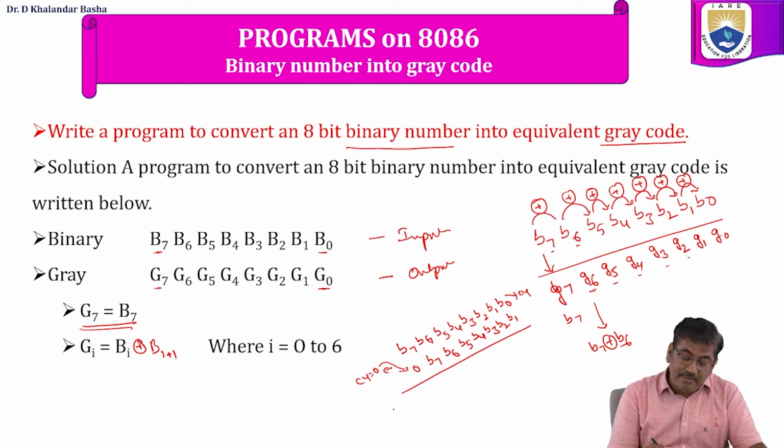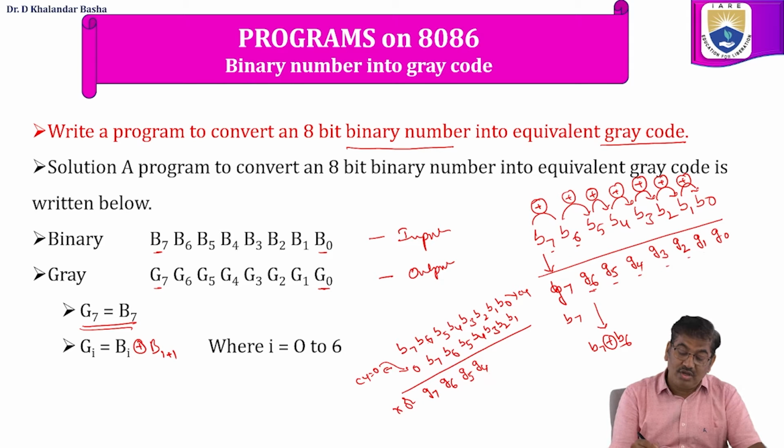Then we will apply the XOR between these two data, which will give B7 XOR with 0 is B7, which is nothing but G7. B6 XOR with B7 will generate G6 bit of gray code. B5 XOR with B6 will generate G5. B4 XOR with B5 will generate G4.